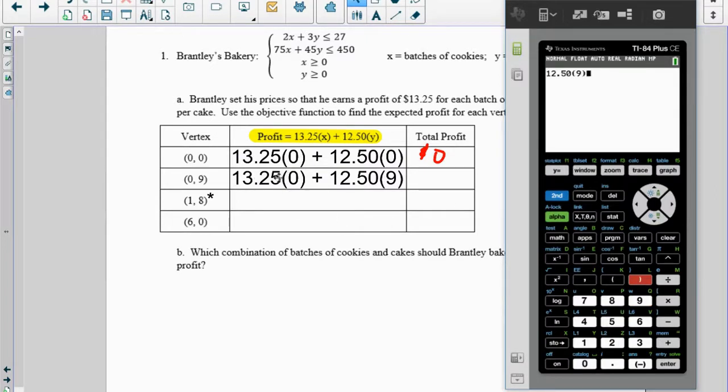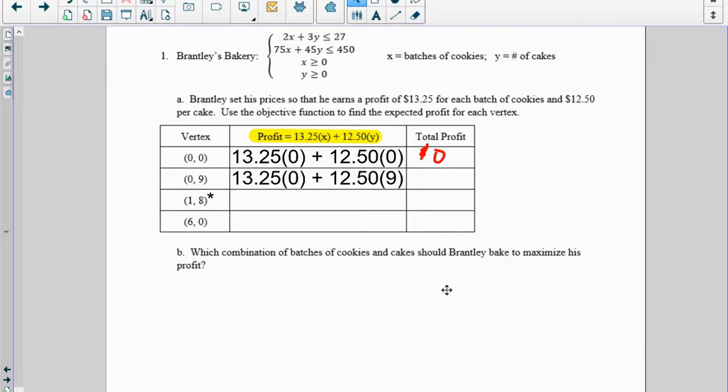I don't even need to type in 13.25 times 0 because I know that's going to be 0. I get 112.5. Now keep in mind that the 112.5 is, in terms of money, $112.50, not 0.5 cents. We don't ever write it like that.